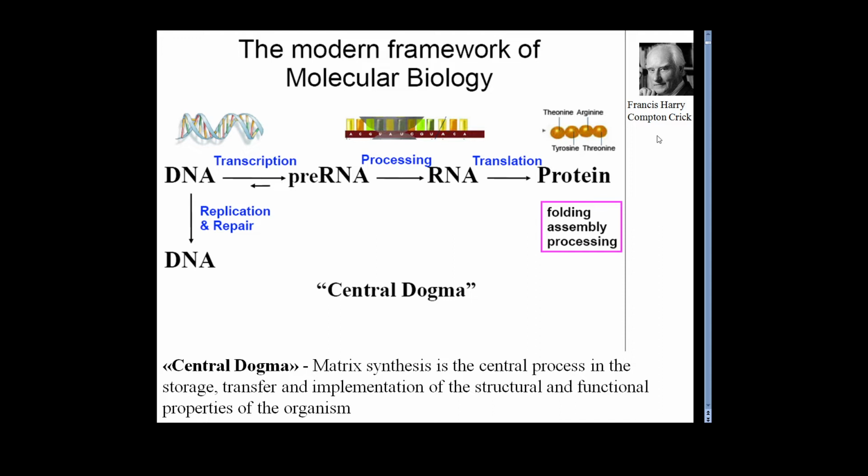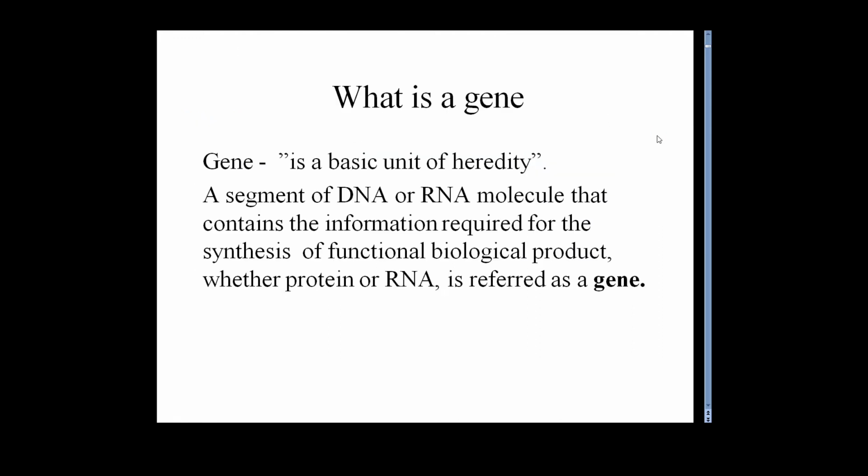RNAs are carriers of information, or can be an end product, for example, ribosomal and transfer RNAs, and the proteins are the result of realization of its information. And all information is described in pieces which are called genes.